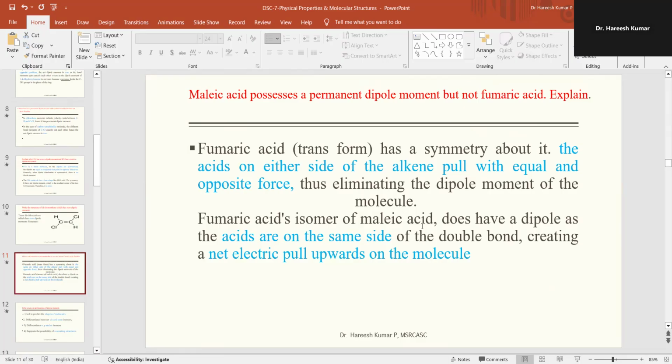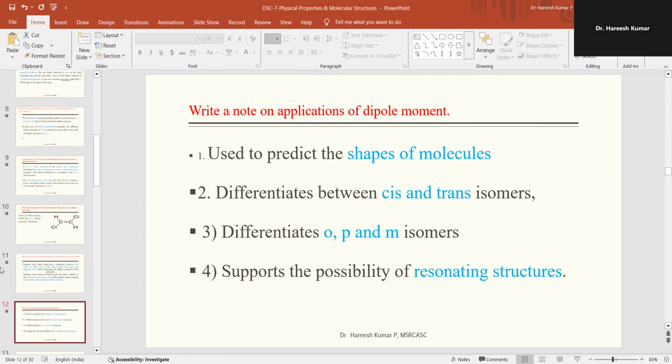Maleic acid is the cis isomer, which means both the carboxylic groups are on the same side, so the dipole moments are in one direction. That's the reason maleic acid shows a dipole moment. Then, looking at the applications of dipole moment: dipole moment is used to predict the shapes of molecules.